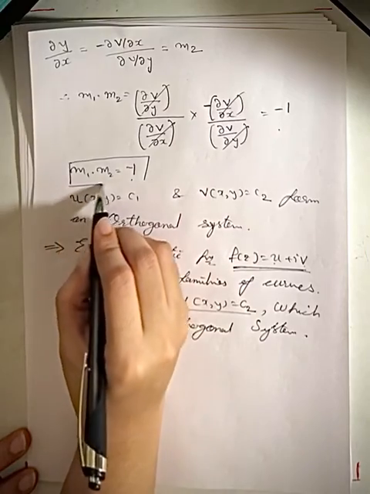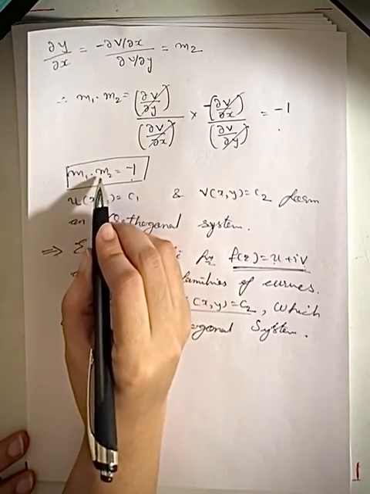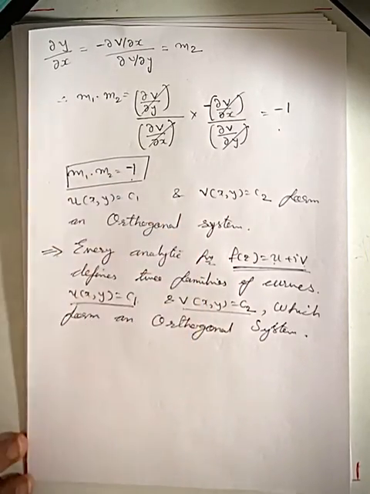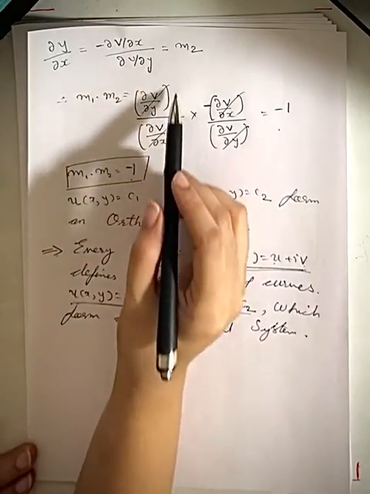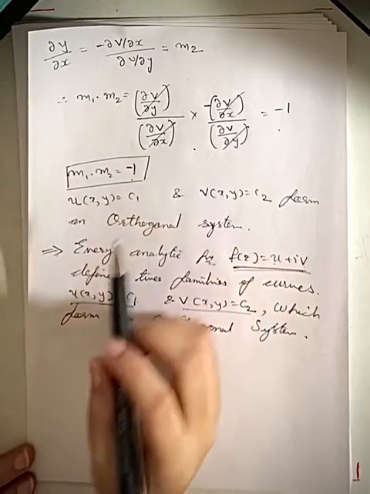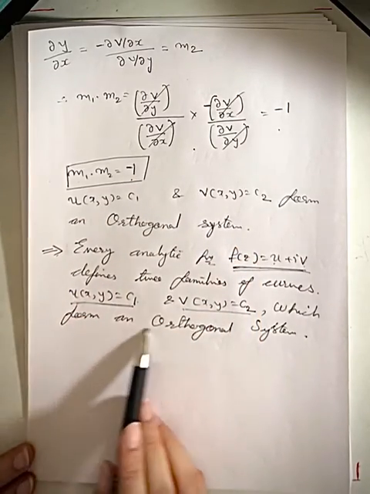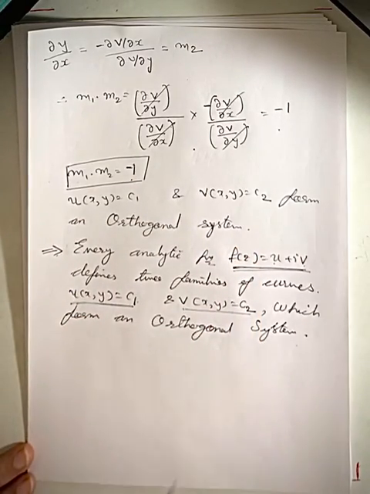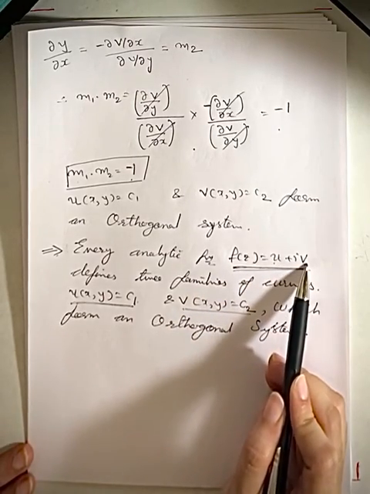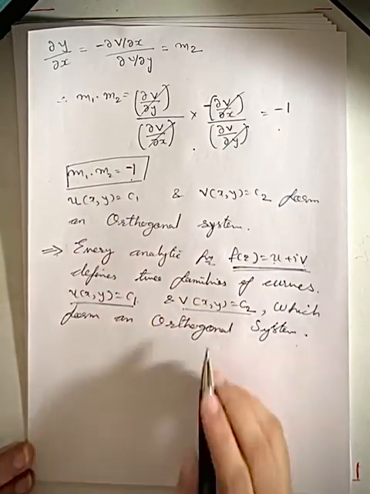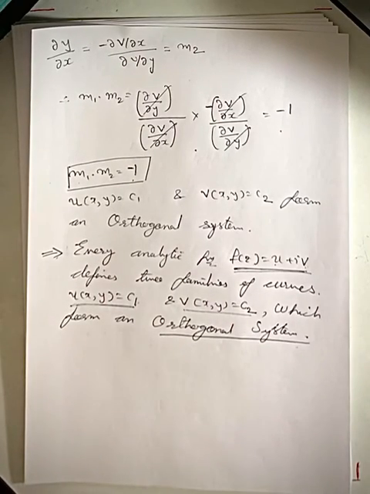Any system is called orthogonal when this M1 and M2 is equal to minus 1, and we have derived it. Again, you don't need to get into the derivation, but you have to remember this result, that for each and every analytic function, u and v family of curves will always form an orthogonal system.